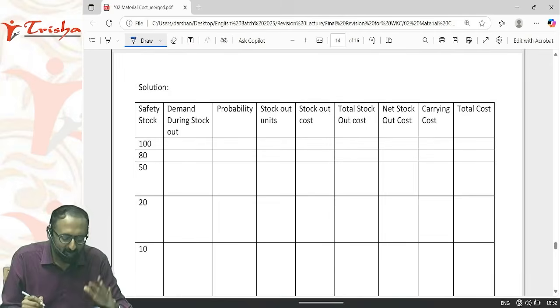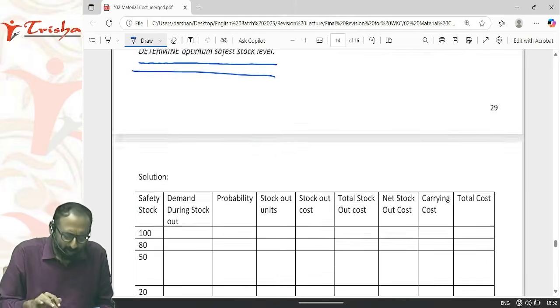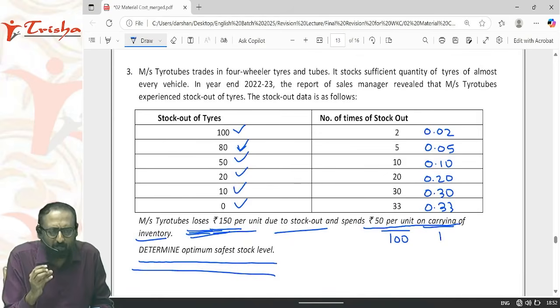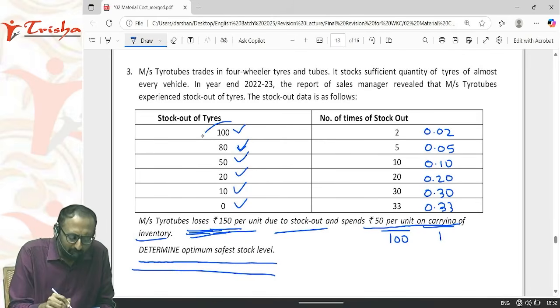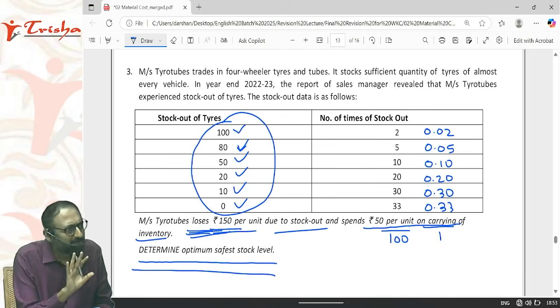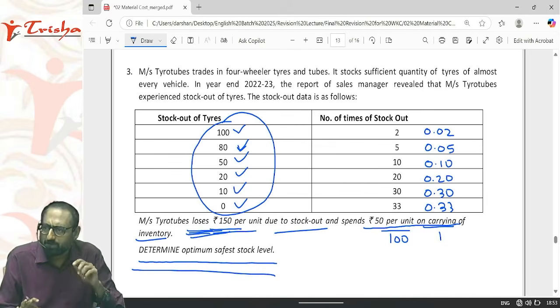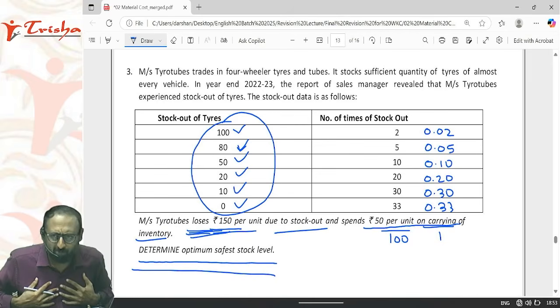So first I will take 100. Sirji, please tell me, if I have 100 units in my storeroom, will I in any situation be in a stock out? Think on it, sir. I have 100 quantity in my stock. Demand 80, whether I am in stock out or sufficient stock is with me.